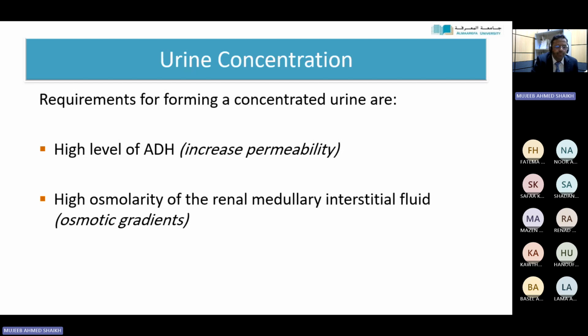At that time, what are the requirements? How will the kidney do it? It requires a high level of ADH. ADH should be secreted, and there has to be osmolarity present in the form of an osmotic gradient. Different levels of osmolarity should be present in the renal medulla or medullary interstitial fluid.